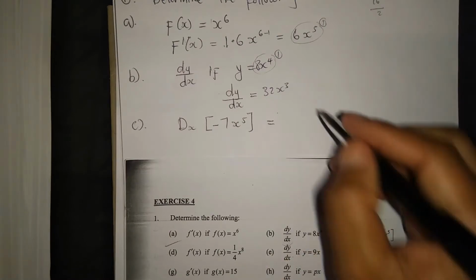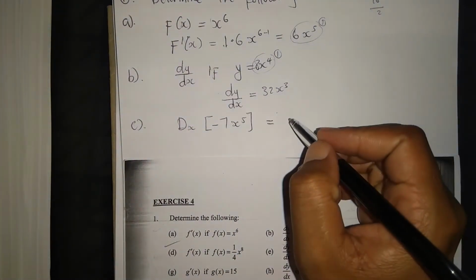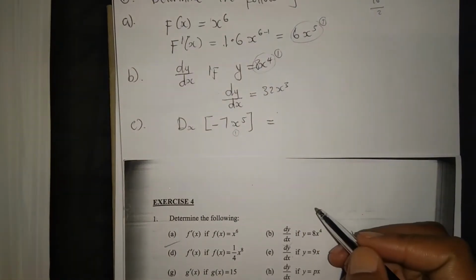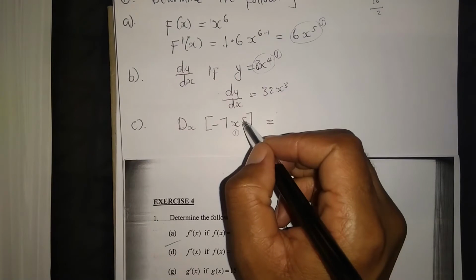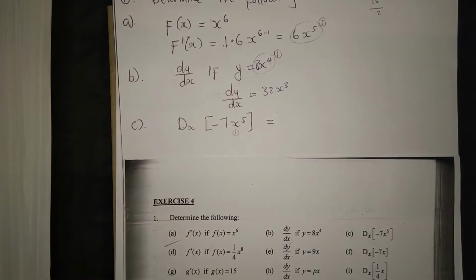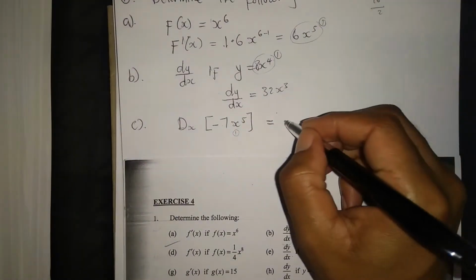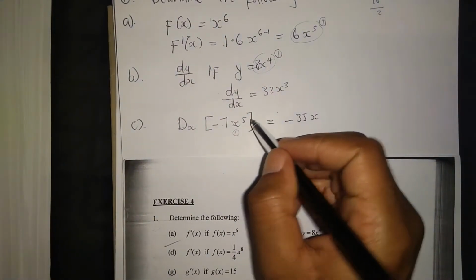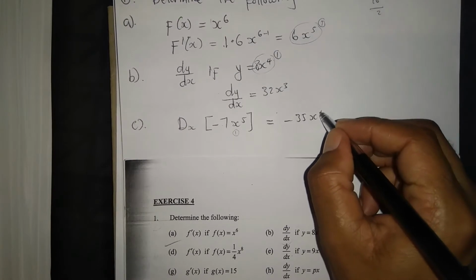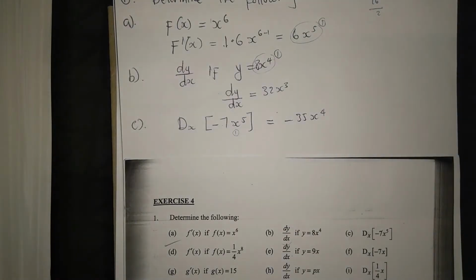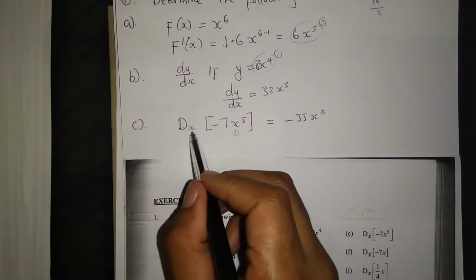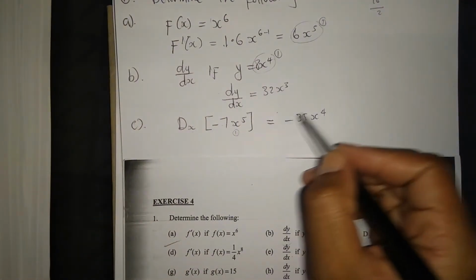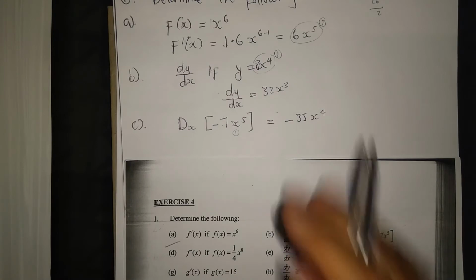Sifuna the first derivative. This is rule number 1 by the way. So it's 5 times minus 7 is minus 35. X exponent 5 subtract 1 is what? Is 4.